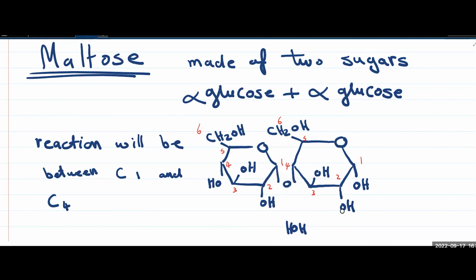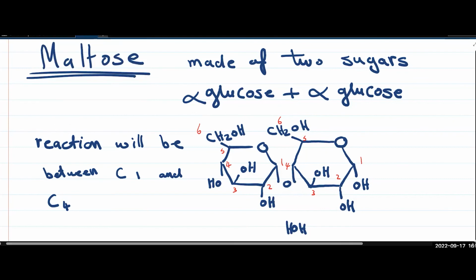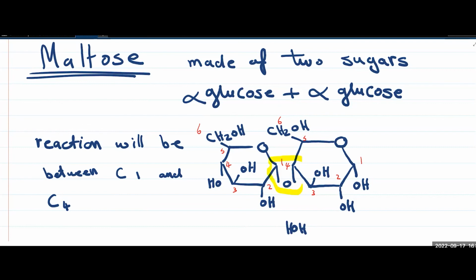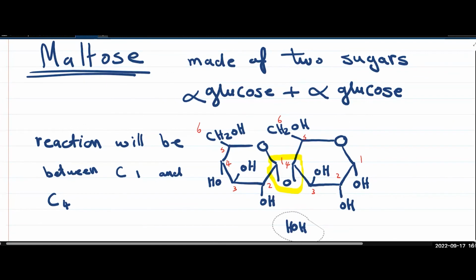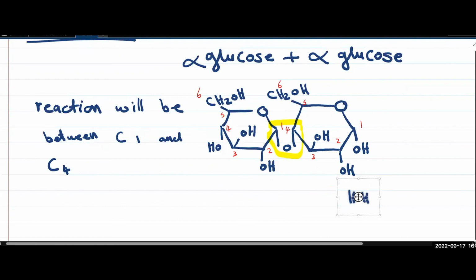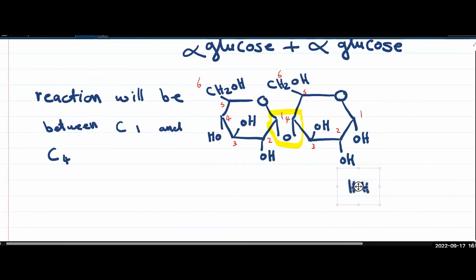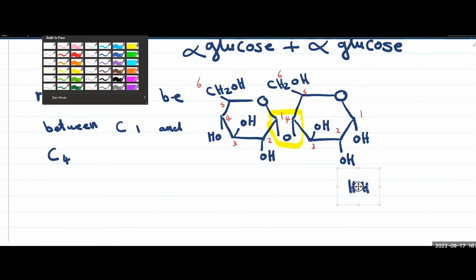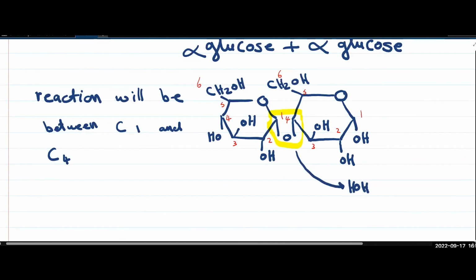You got it? So here's the bond now between carbon number 1 and carbon number 4, and this link is called a glycosidic linkage. You understand? Again, I will repeat it one more time. So now I eliminated a water molecule. Did you see it? Okay.